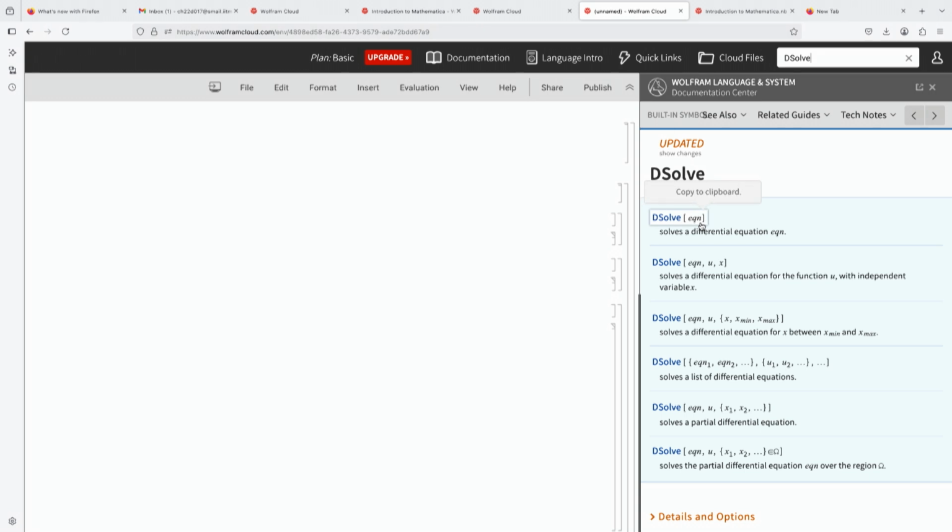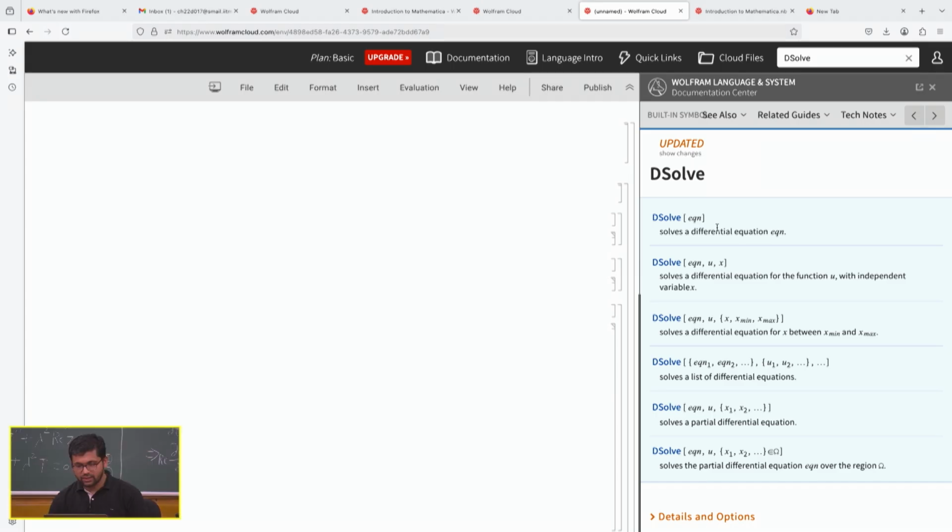You can use DSolve to solve a differential equation without any boundary conditions, or you can use it with a dependent variable and an independent variable. Here, the equation is the equation which you want to solve, u is the dependent variable which you want to solve for, and x is the independent variable.